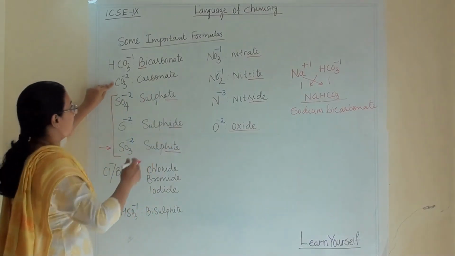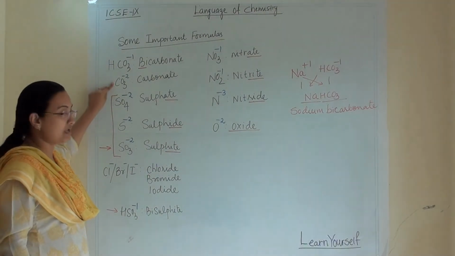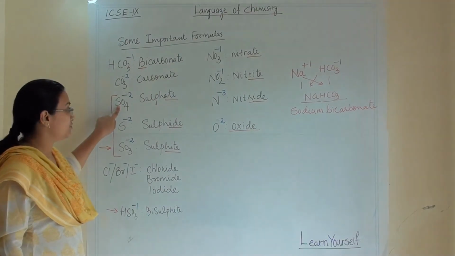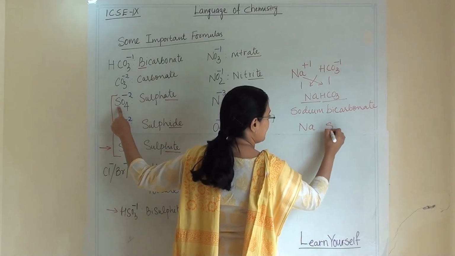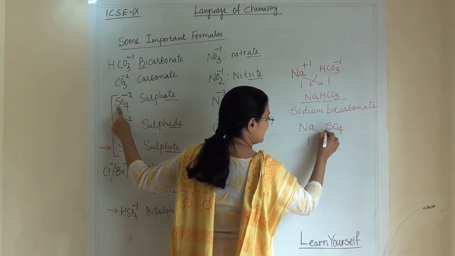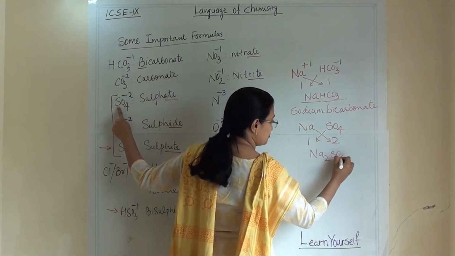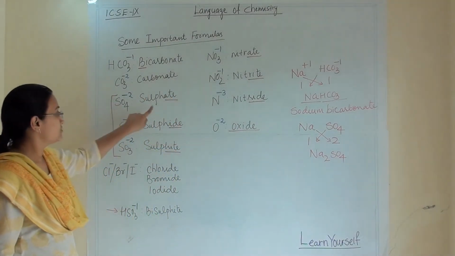Now let us go towards the second one. In the same way, sodium reacting with carbonate becomes sodium carbonate. When sodium reacts with sulfate, what will be the molecular formula? NaSO4. It is 1, it is 2. Via the crisscross method, it will become Na2SO4. What will be the name?